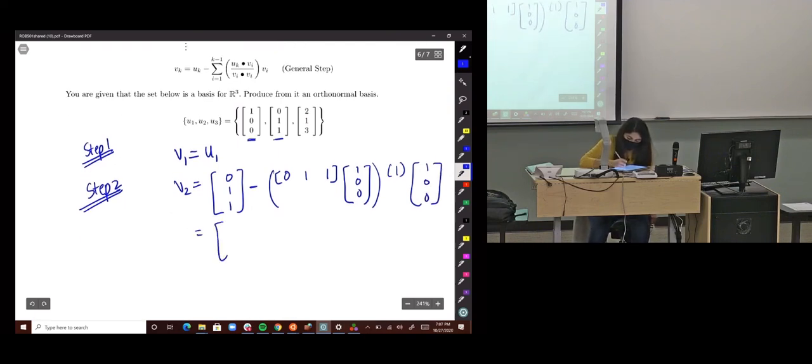This becomes 0, 1, 1 minus this product, which is 0 times 1, 0, 0, and that's just equal to u2.